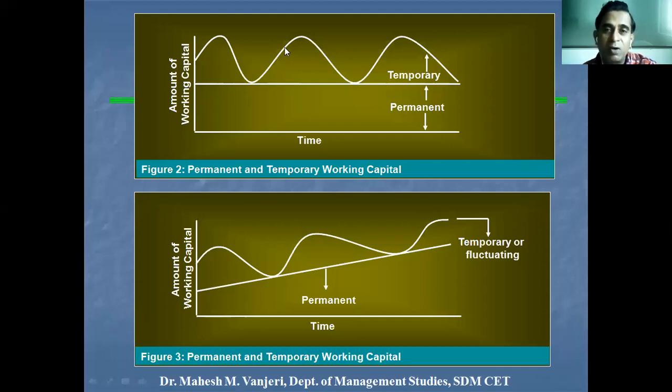For example, for Varun Beverages Limited, the demand will be high in summer, so the requirement for fluctuating working capital will be more. Once the summer is over and the rain begins, the demand comes back to normal, so the company can operate with that minimum level of permanent working capital. That is how they are interpreted. Remember.